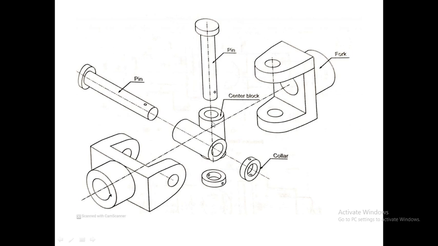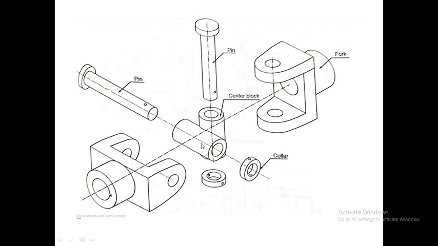So when the center block is inserted inside the vertical fork, this hole will match with this hole, or both the holes will get aligned, and then after alignment of both these holes, we will insert the pin from the top. Now this pin will pass through the hole of the fork as well as the hole of the center block, and finally we will lock this center block with the vertical fork.